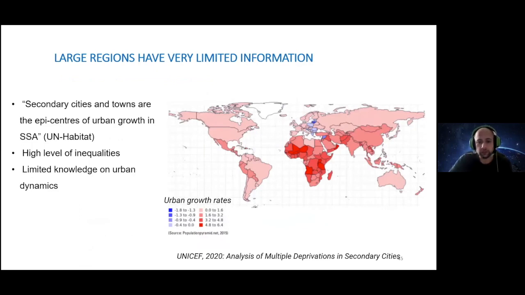Also, the focus in geography is very important. Most of the research is happening in primary cities, but where it should mostly happen is secondary cities. We have very limited knowledge of what is happening in these areas. They have very high degrees of inequalities. They are going to be the mega centers of tomorrow. They are absorbing most of the rural to urban migration, while primary cities have already stabilized when it comes to their growth.